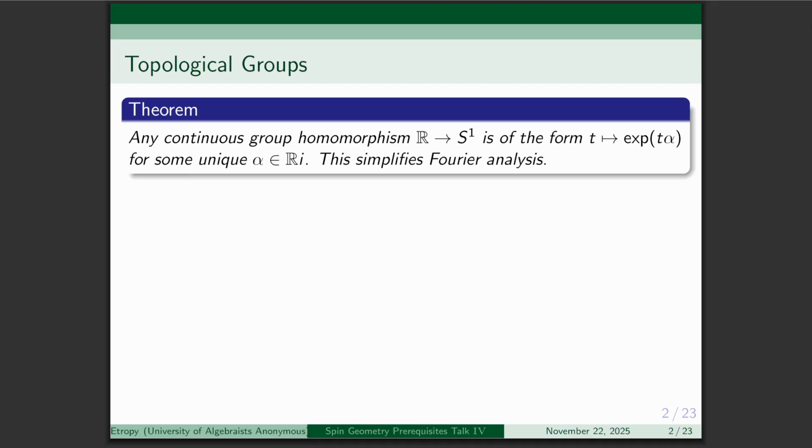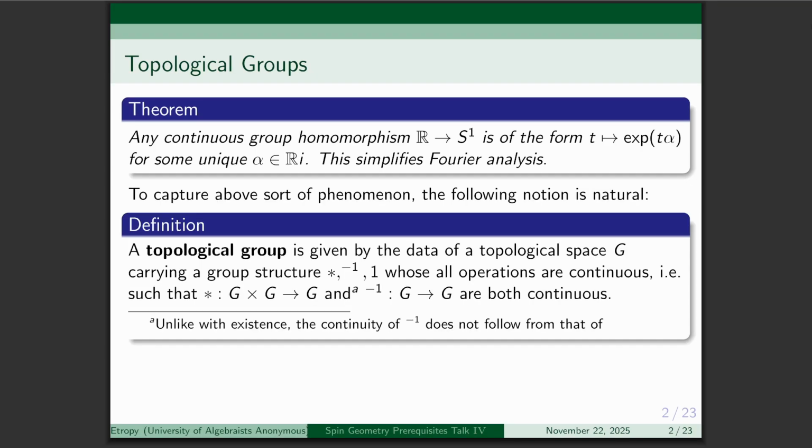So you start with some group, the reals under addition, and you think of them as a topological object. So you also have topology. And in order to think of something algebraic as something topological, this is the subject of topological algebra, and for groups, you get the notion of topological groups.